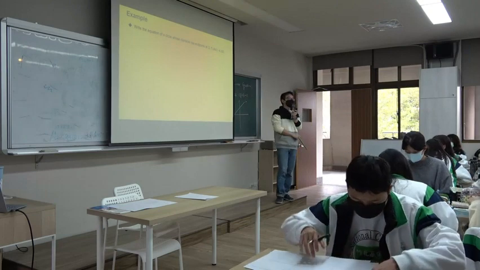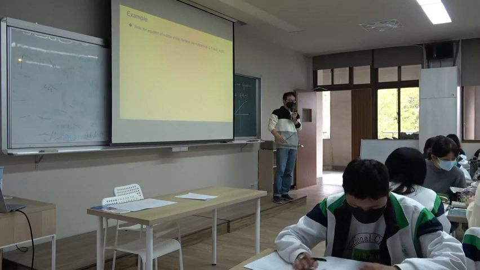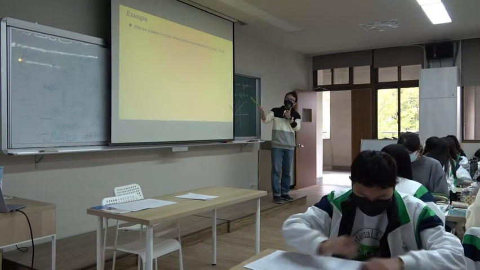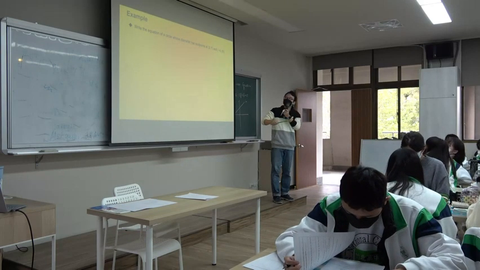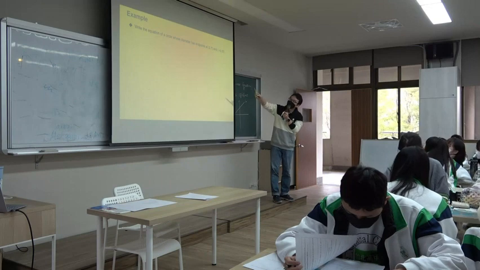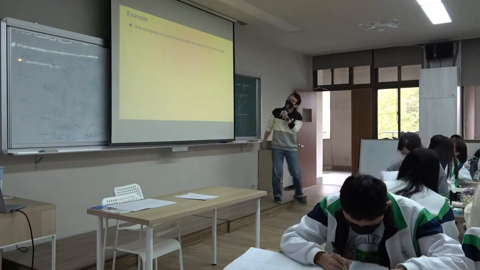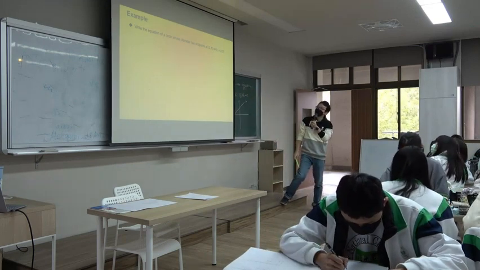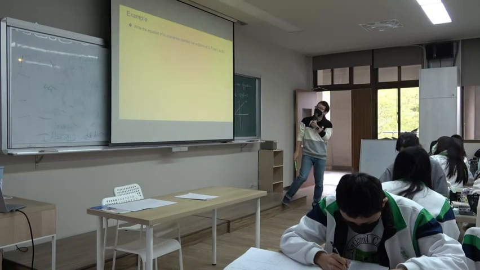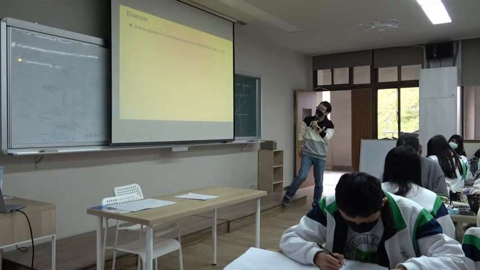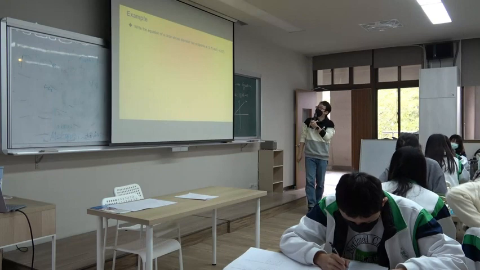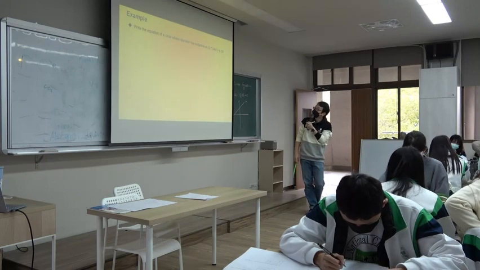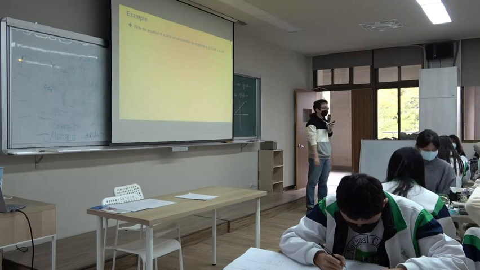Okay, this is the final example, and this is the hardest today. Okay. Write the equation of a circle whose diameter has endpoints at 2, 7 and -6, 15.